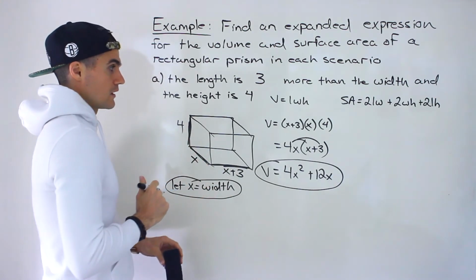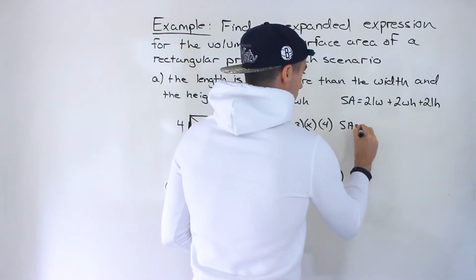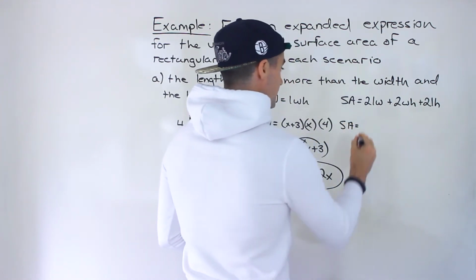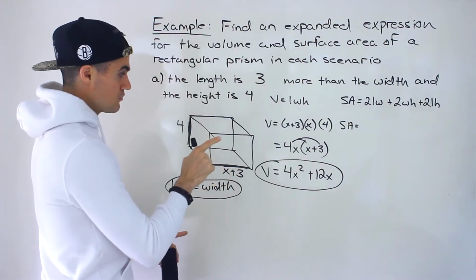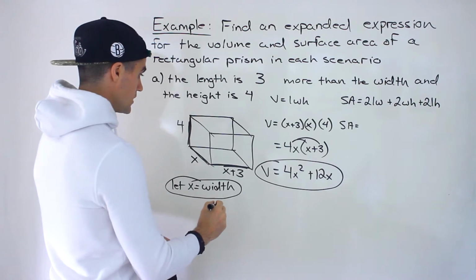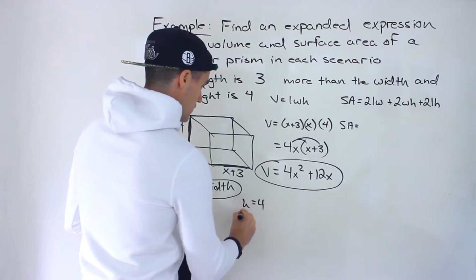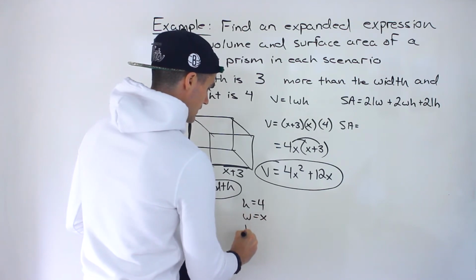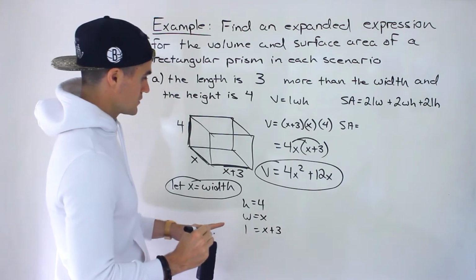Now, the surface area is going to be a little bit more of a tedious calculation. So let's go through these one by one. Let's actually write these down. So h is 4. w is x, and then the length is x plus 3, just so we could have something to refer to.